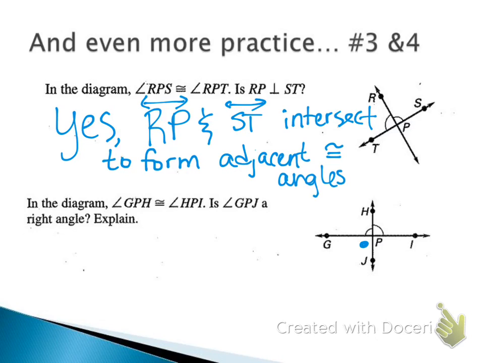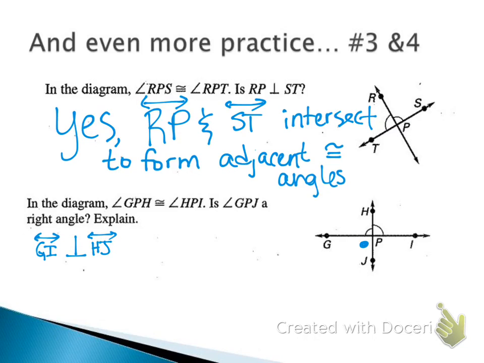They intersect, but what kind of lines are they? Perpendicular. So we know that lines GI and HJ are perpendicular. So we can say GI is perpendicular to HJ.